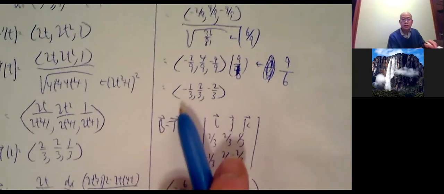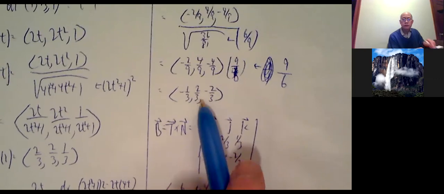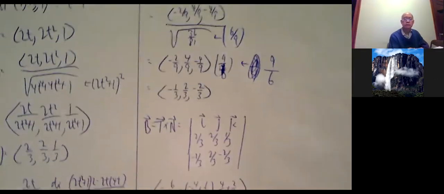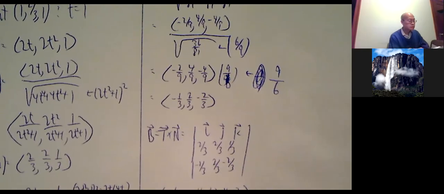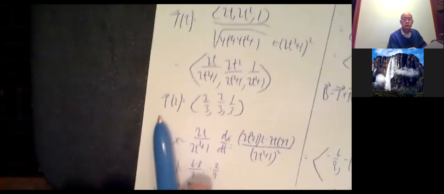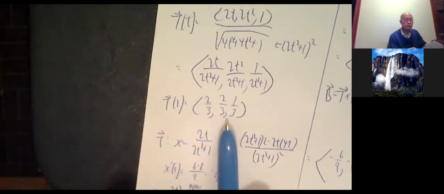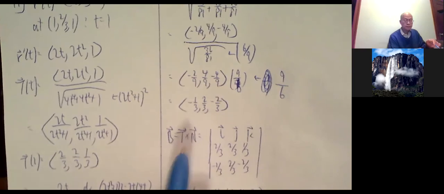So negative 2 over 6 is negative 1/3. 4 over 6 is 2/3. Negative 4 over 6 is negative 2/3. Okay, so I finally got it. Unit tangent vector, 2/3, 2/3, 1/3. Unit normal vector, negative 1/3, 2/3, negative 2/3.